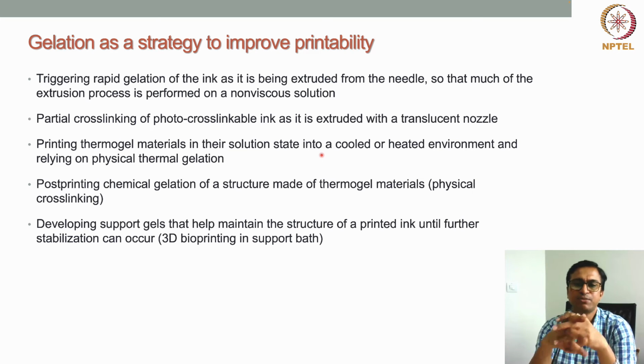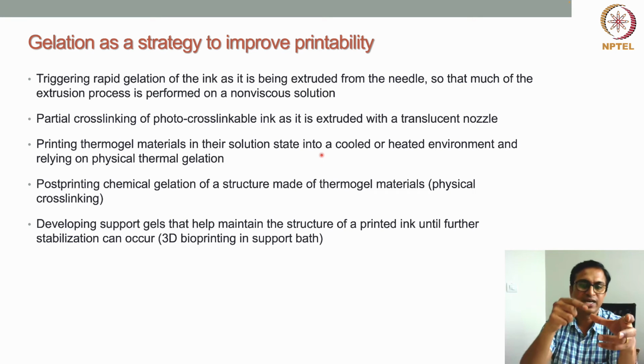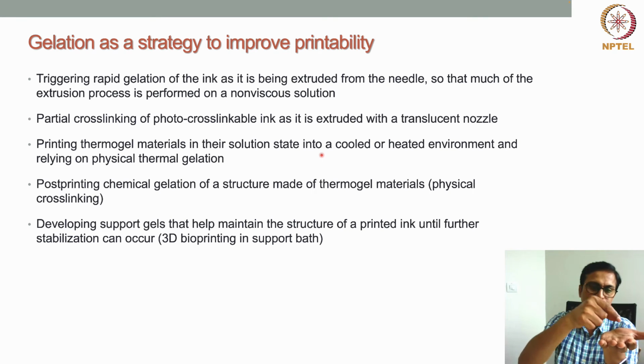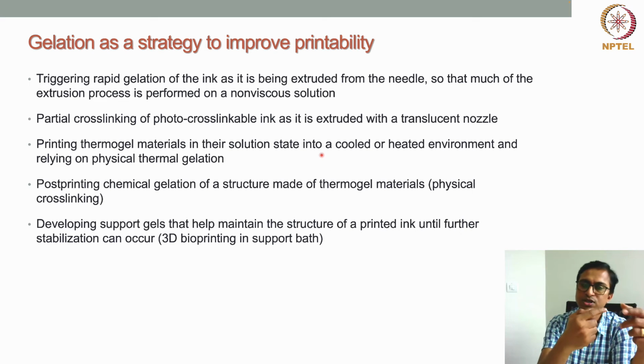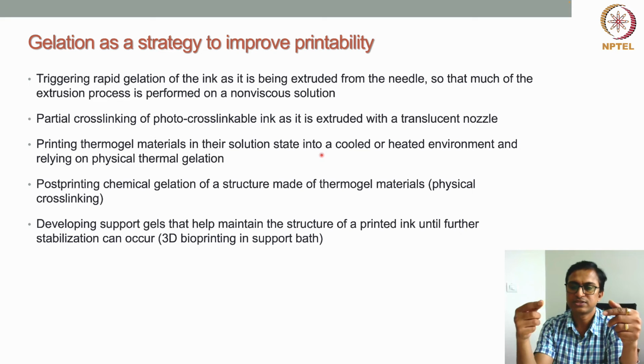A very good example is printing alginate in a gelatin support bath. If we mix calcium ions within the gelatin support bath, then whenever the alginate comes out and gets deposited in the gelatin bath, the calcium ions will cross-link the alginate, right?